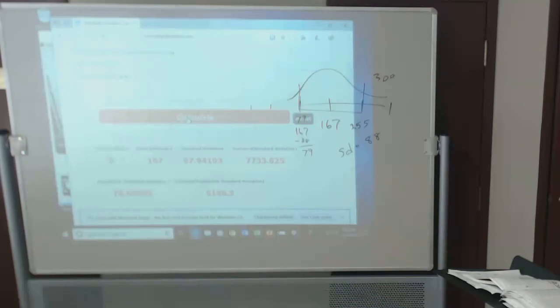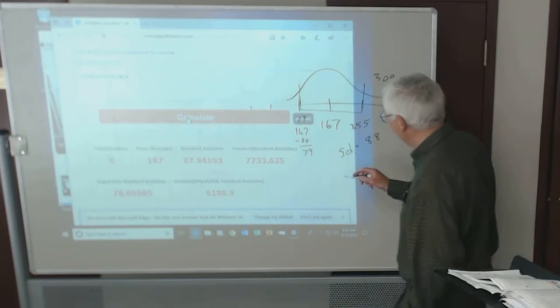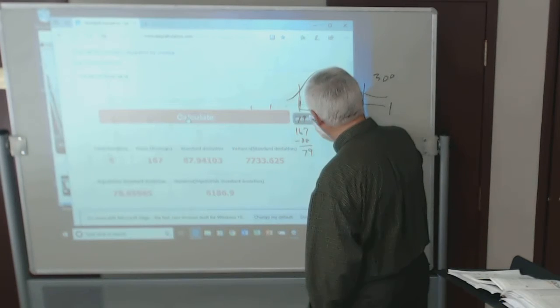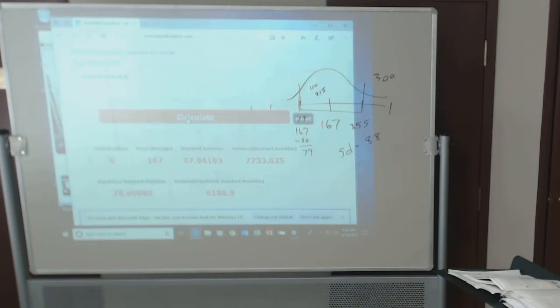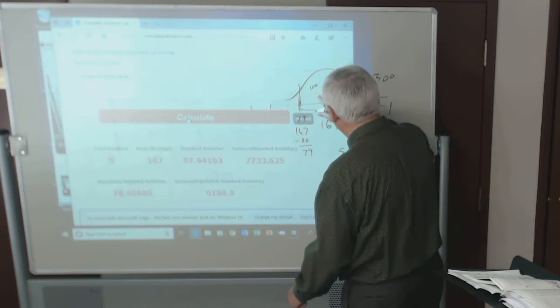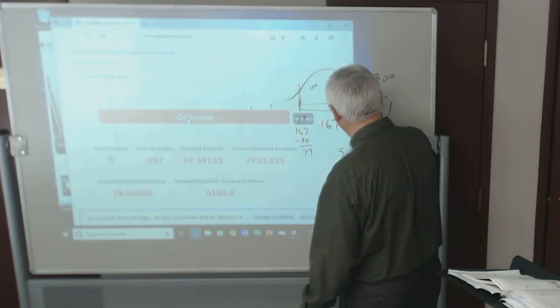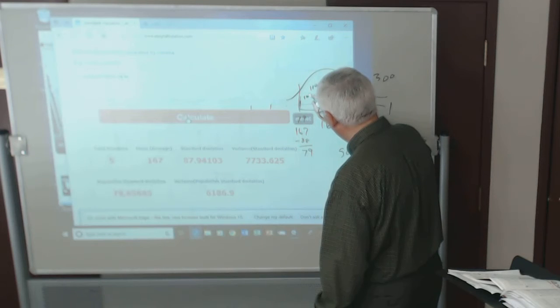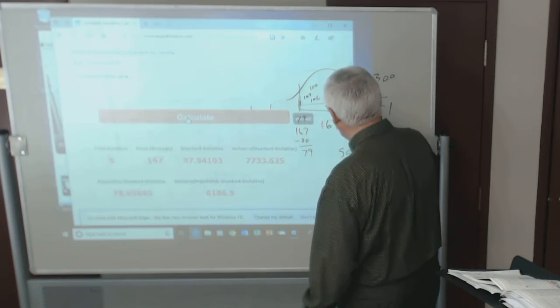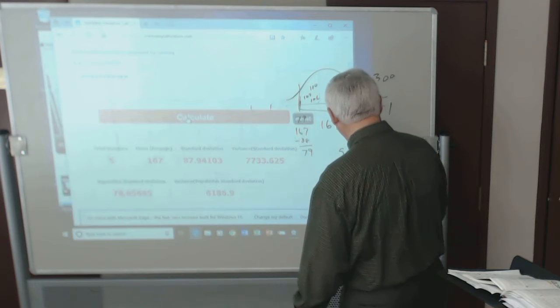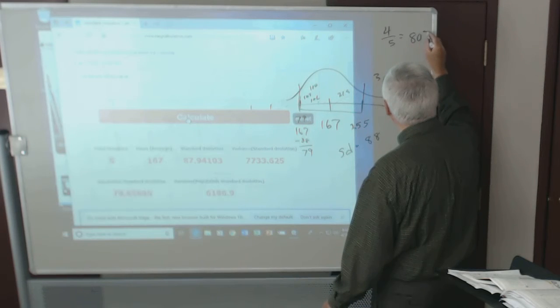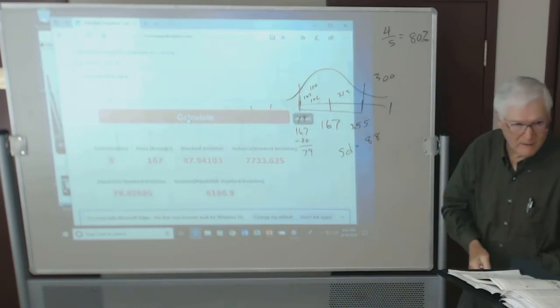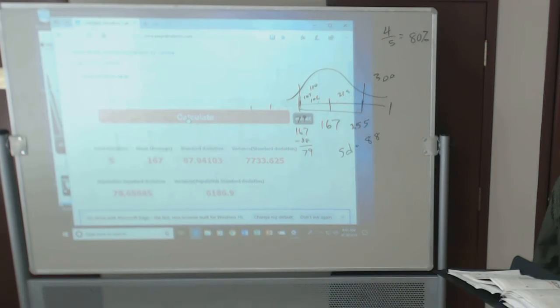And what's the rest of them? 103 and 106. So 1, 2, 3, 4 out of the 5. 4 out of the 5 would be what? 80% are within one standard deviation of the mean.